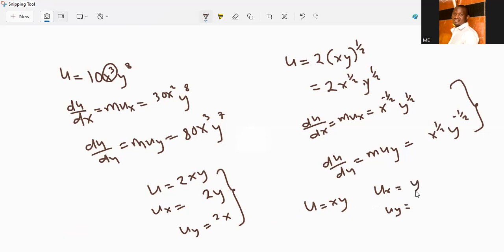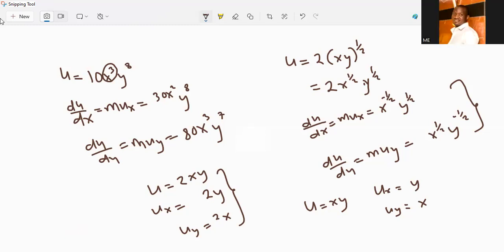Y. What are we going to remain with? 1x. The derivative of 1x is 1. We'll never write a 1. Differentiate with respect to y, what is our dummy? X. What are we differentiating? 1y. The derivative of 1y is 1, which we don't write. Are we together? Yes. All right.